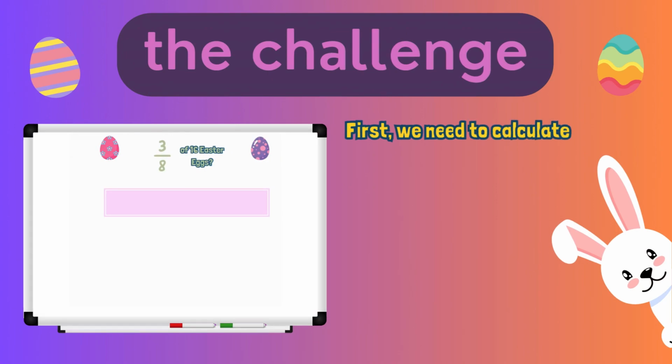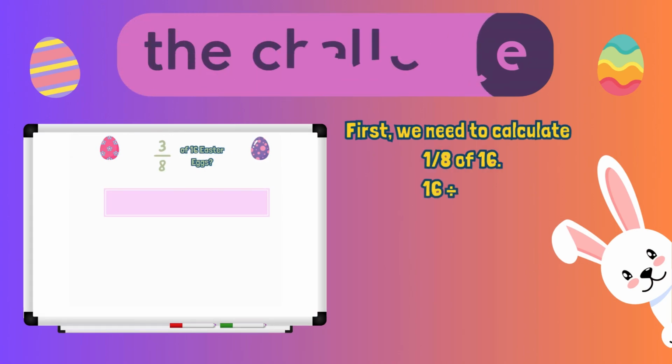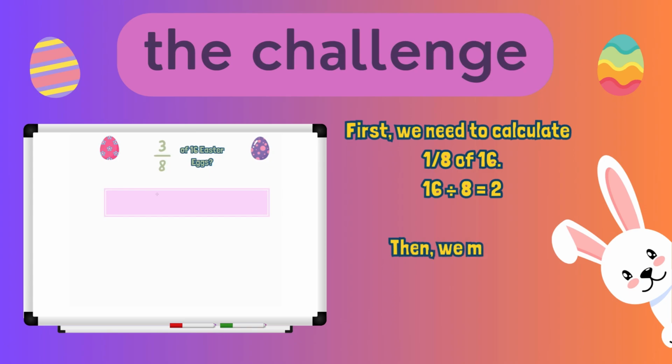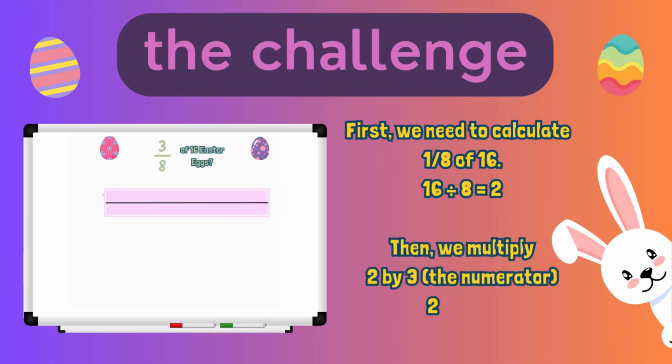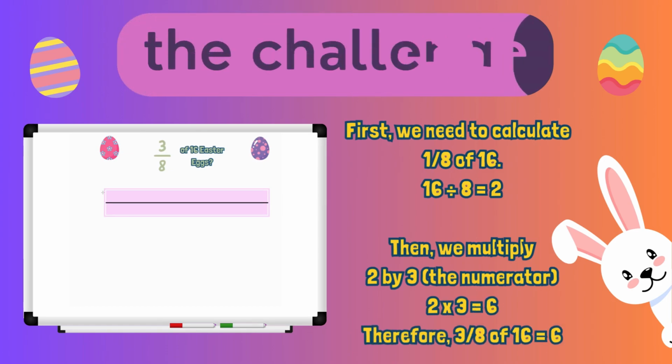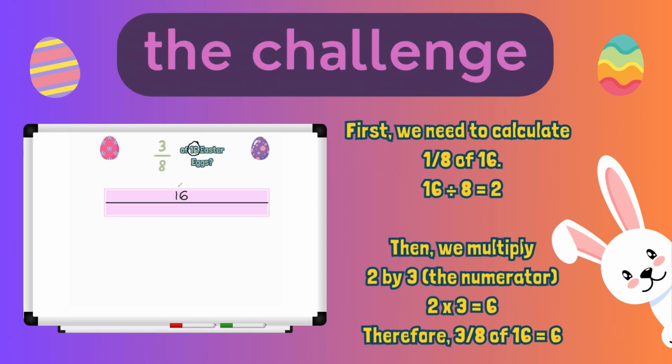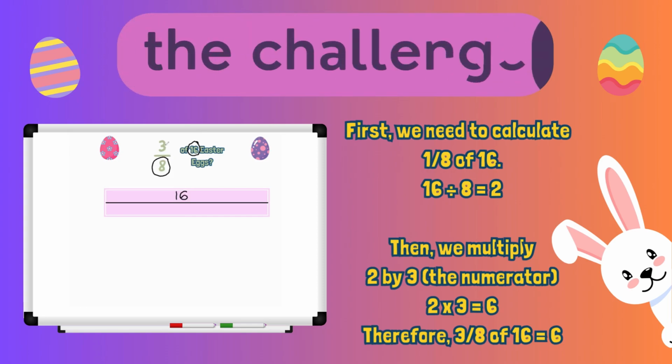Let's use the same technique to calculate 3/8 of 16 eggs. So I'm going to do the same again. I'm going to split my model in half like that. And then let's fill in the information that we know. So we know that the total number of eggs is 16. And our denominator tells us we need to share that into 8 equal parts.